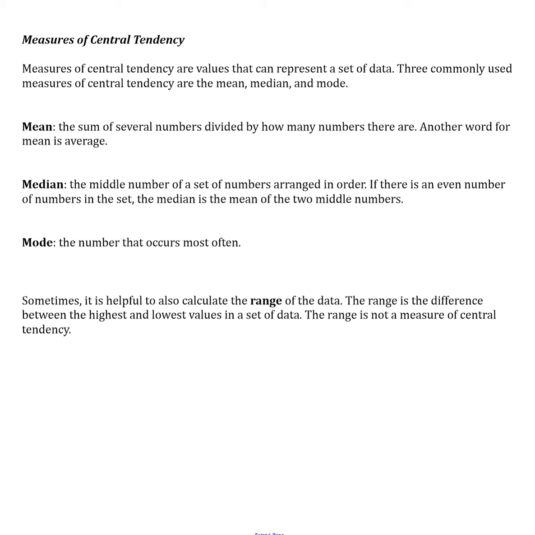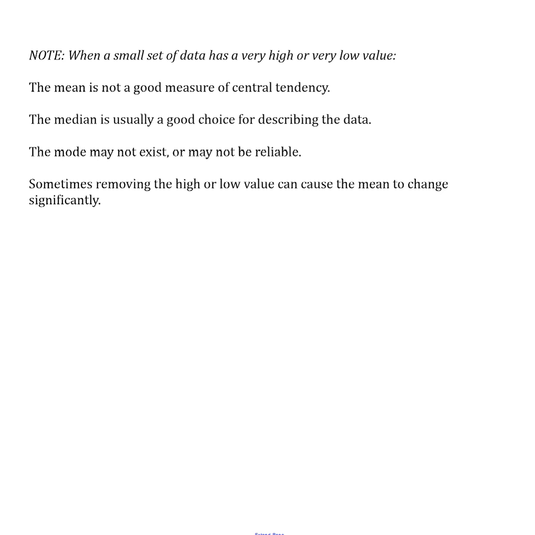There's just a couple things to note about measures of central tendency. If you only have a very few number of pieces in your data, so for example, you only collect information from 5 people, and you have a very high or a very low number, let's say you measured their height, and you measured the height of 4 grade 12 students and 1 grade 1 student.